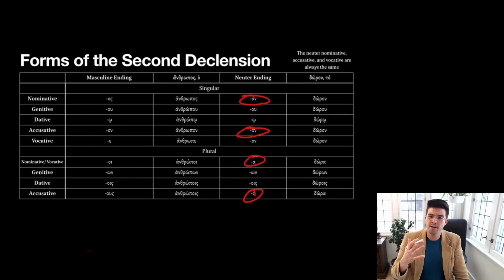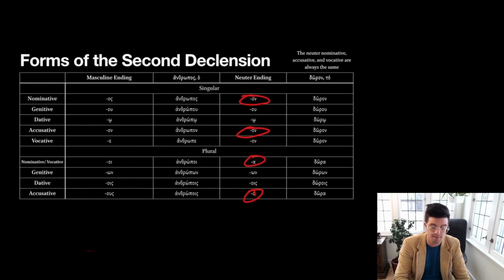And so the thing to note is that the neuter is usually going to be different from the masculine in the nominative and in the accusative and also in the vocative, but they are going to match one another. So the nominative, the accusative, and the vocative in the neuter are always exactly the same to one another. So you can count on these always looking like this, on, a. And the same thing over here.